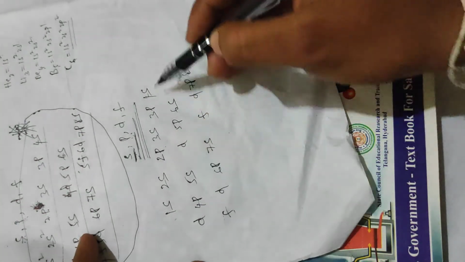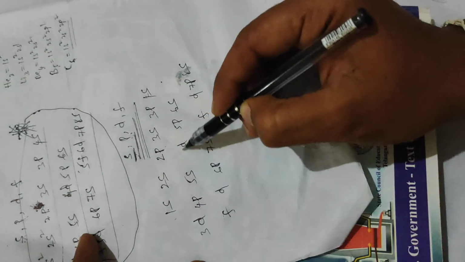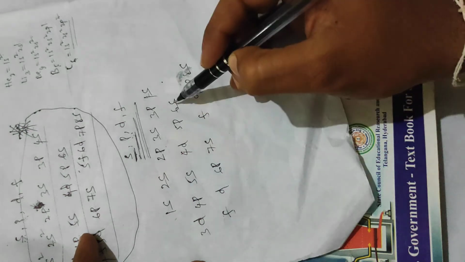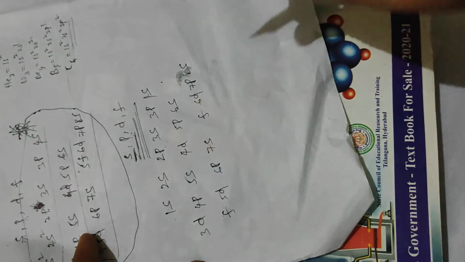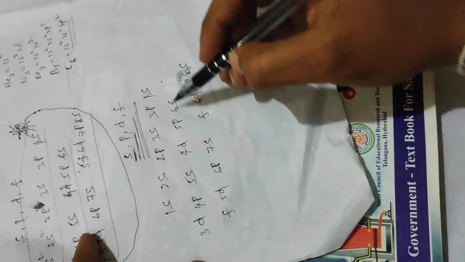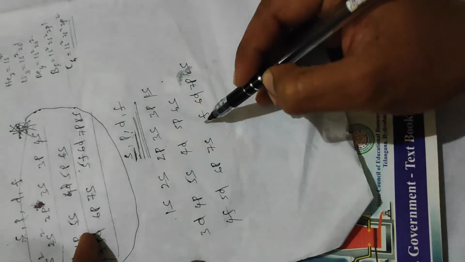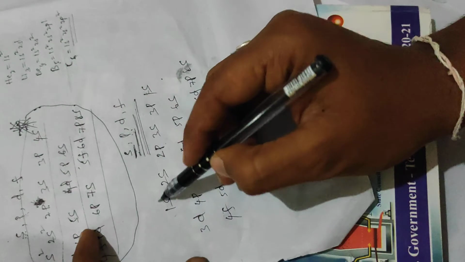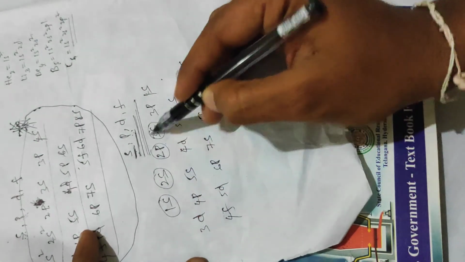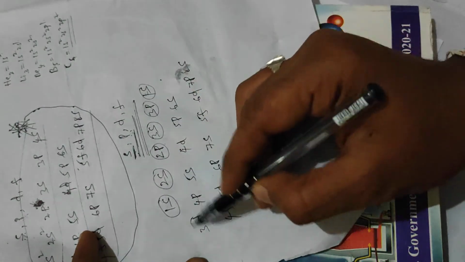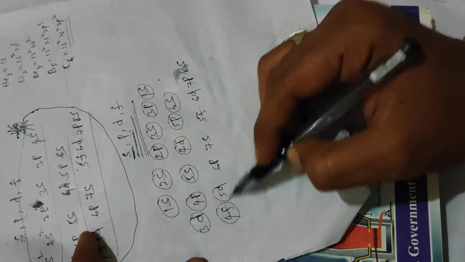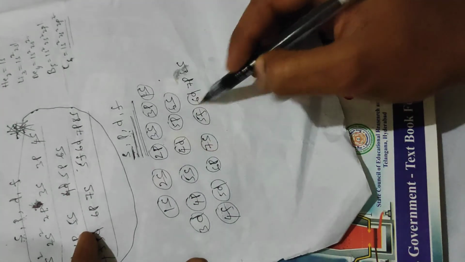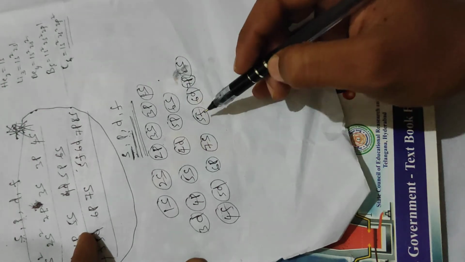The d orbital starts with 3d, 4d, 5d, 6d. The f orbital starts with only 4f, next one is 5f. So these are in electron level increasing order, energy increasing order.